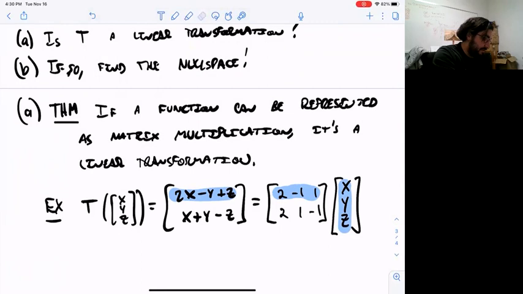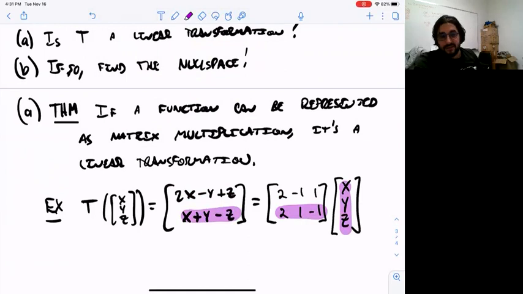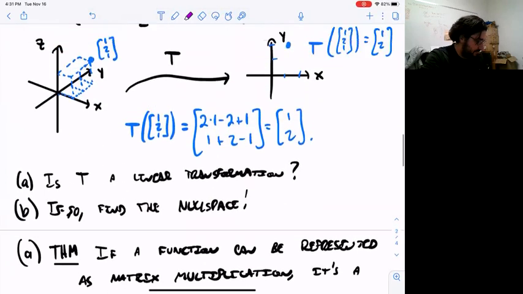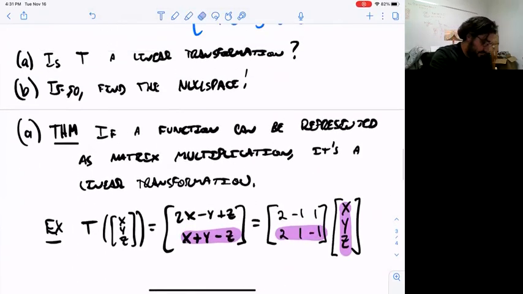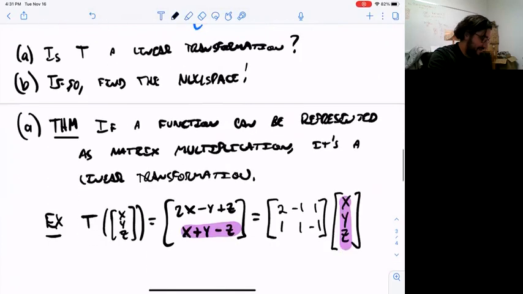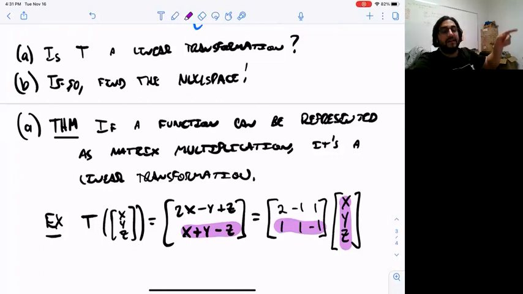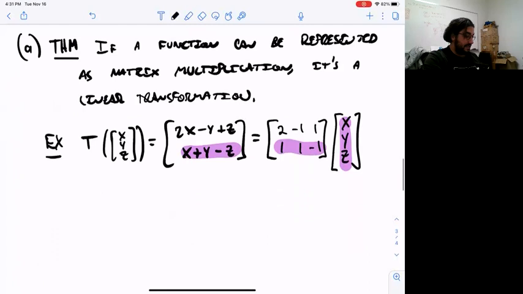And then similarly, you can do row by column to produce that row: 1 times x, 1 times y, and -1 times z, right? Add those quantities up, just like you do in a dot product, to produce that second row in that matrix. So that's our observation here.